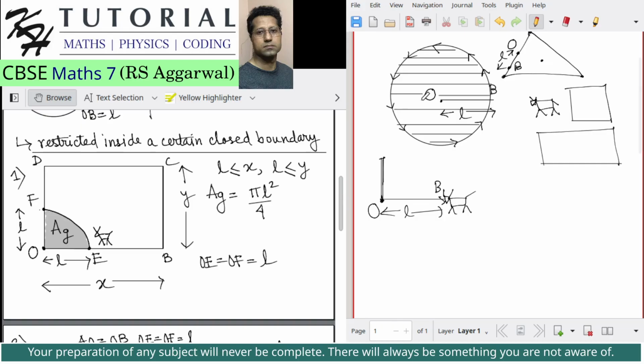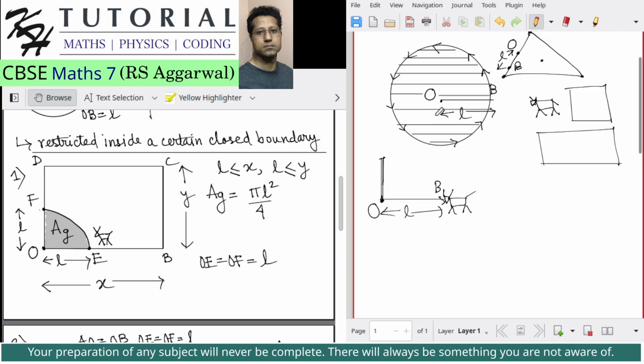The rectangle in this figure is OBCD, and at the vertex O the animal is tied, and the length of the rope by which the animal is tied is small l. So you can see OE is equal to OF is equal to L, and the shaded region is the maximum area over which the animal can graze.